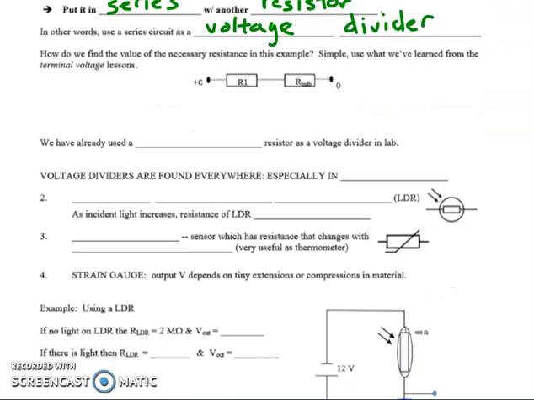So how do we find the value necessary, the resistance though? I want to figure out what specific resistance I would have to use. Well, we can do a number of things with this. We can use what we learned from terminal voltage lessons, although you might not have seen that yet, depending on which cohort you're in. So let me show you one approach.